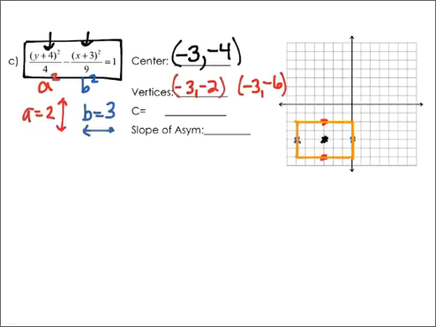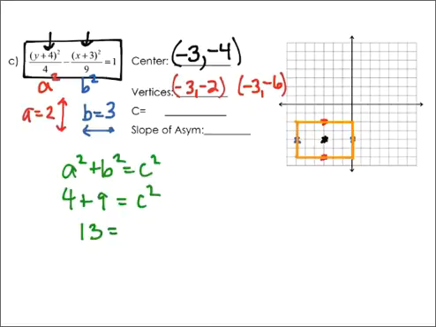Alright, now I need to know what c is. I'm going to use my a squared plus b squared equals c squared formula to find this. 4 plus 9 is c squared. 13 is c squared. Remember, these really aren't going to be that nice. Take the square root of both sides, so c is radical 13. So c is the square root of 13.